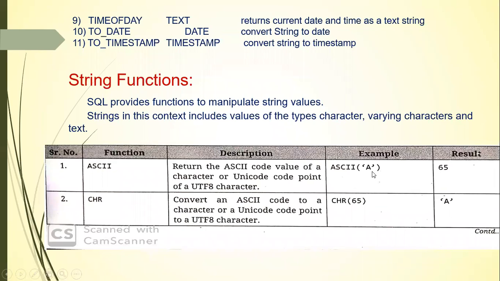It understands only the representation of a given character, a given symbol, in the form of a number, that is the decimal number, and this decimal number is then converted into binary. That means the computer understands only binary language or the binary representation of each and every character. We can say every symbol.